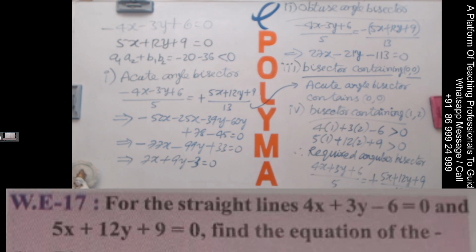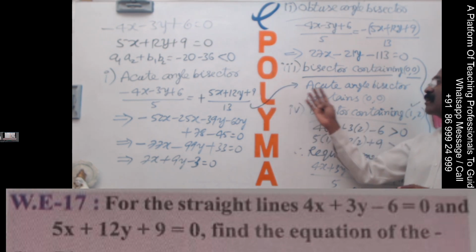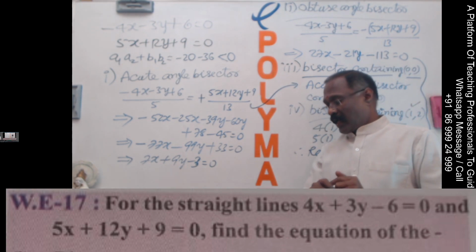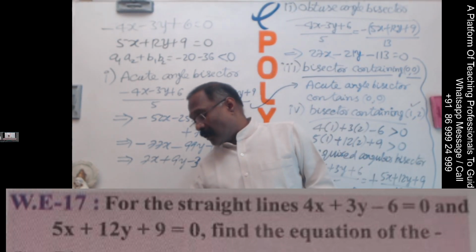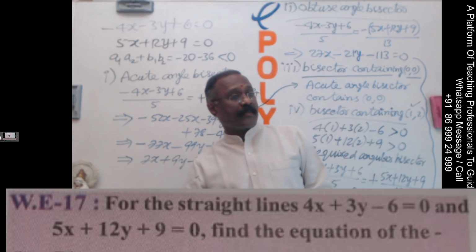Just see this one. If you multiply with minus, then that will be the same. So this angular bisector contains the point 1, 2. The other angular bisector contains the origin. That's the concept of angular bisectors.